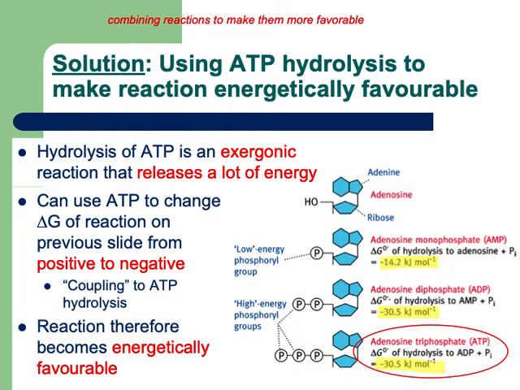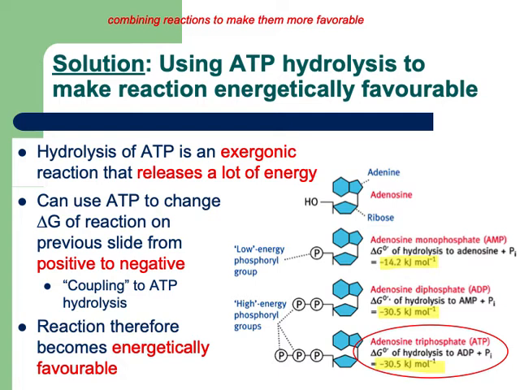Now we're going to talk about the solution to this problem when we have a highly endergonic reaction like on the previous slide, but we need that first step of glycolysis to be exergonic. What we can do is combine reactions, and we can add ATP hydrolysis, the breakdown of ATP, to make a reaction energetically favorable, or to convert it from being endergonic to exergonic. So how do we do this?